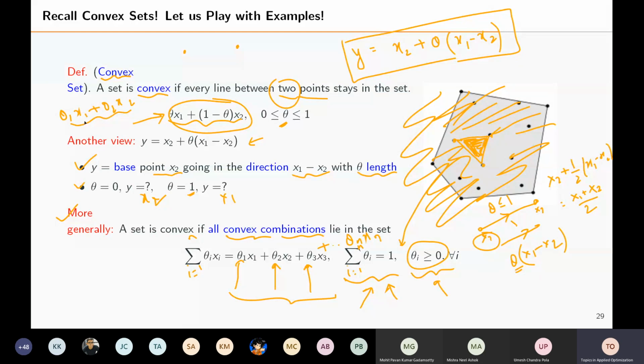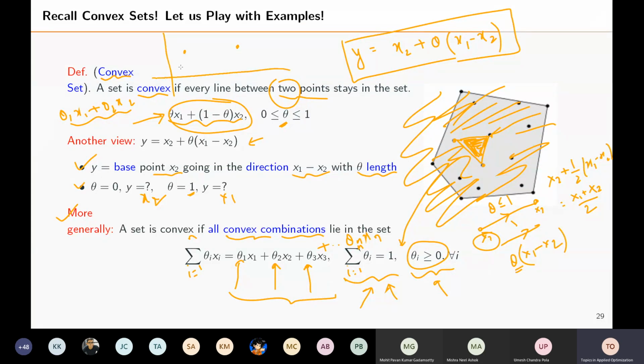If I allow theta 1 and theta 2 to be anything arbitrary, then they will span all of the points in the space, in 2D, because there is really no restriction on them.